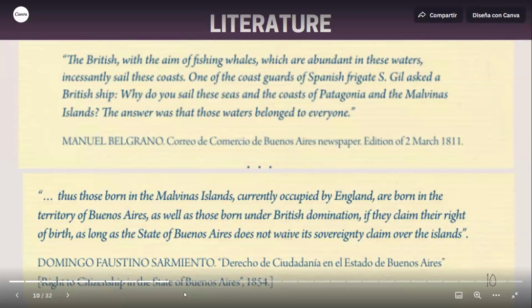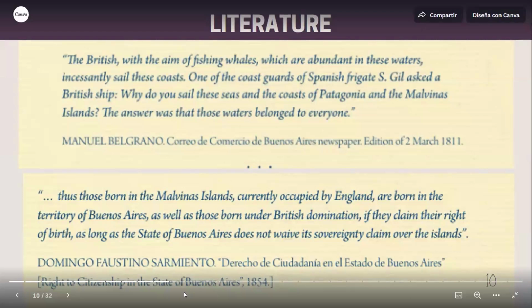I will tell you that in this case, the choice is to use historical sources in order to tackle a language exercise that is related to the use of affixes, but the idea is to provide some context to develop ideas in Malvinas issues.